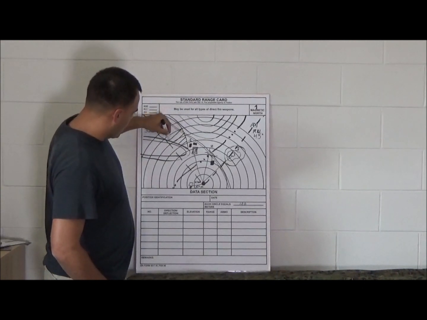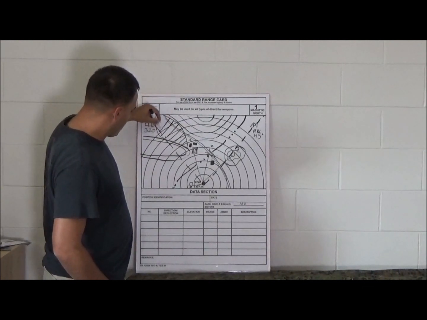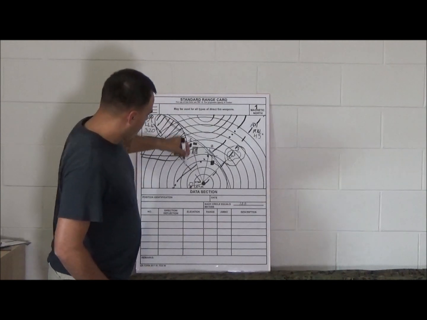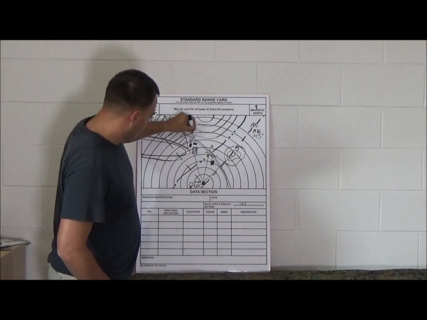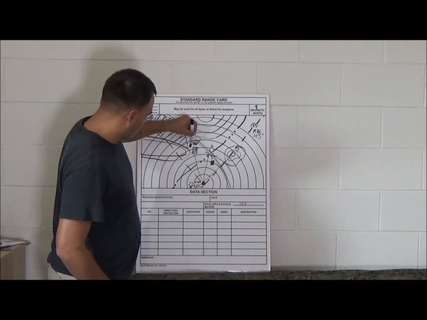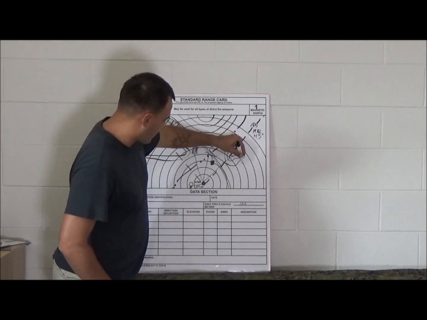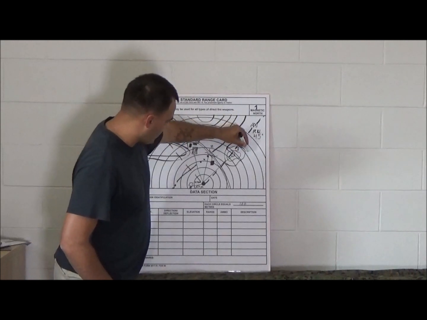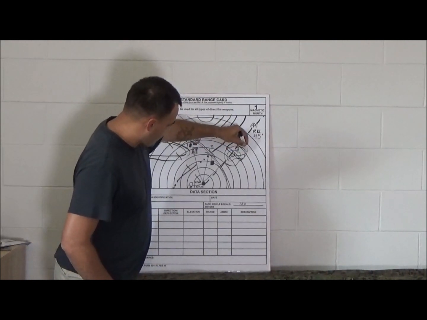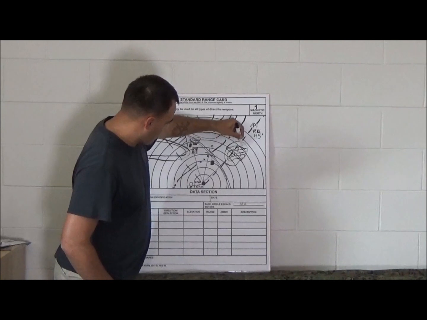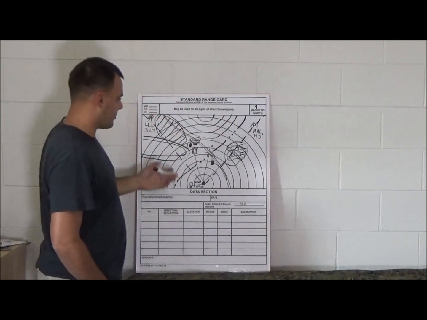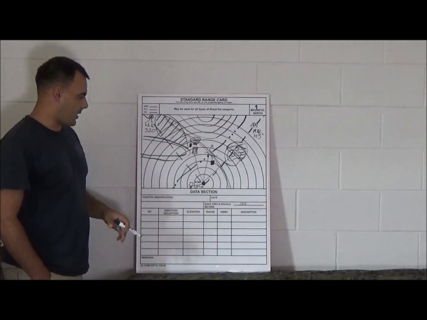So I have dead space behind this finger here. I have some dead space behind these buildings. And on pretty much, we'll say, the back side of this hill right here, I have some dead space. And that's how we'll draw that.